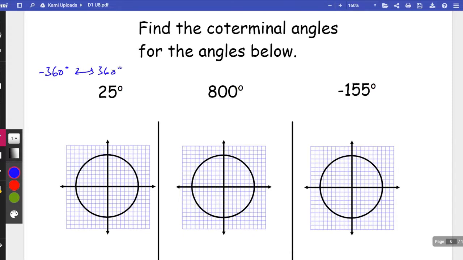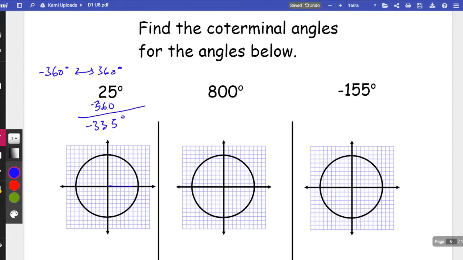So if I were to add 360 degrees to 25 here, I'd be more than one full circle. So in this case, since it's already positive, I'd subtract 360. We'll see where that gets us. If I subtracted, you're going to get negative 335 degrees.